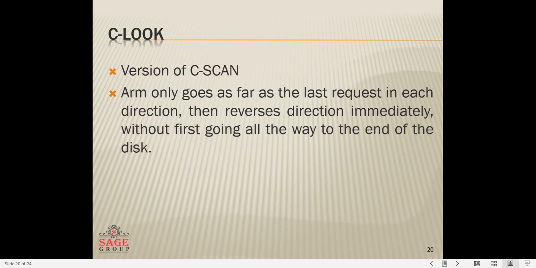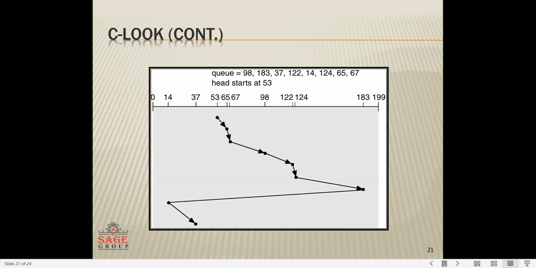The next algorithm is called C-LOOK. It is also a version of C-SCAN where the arm only goes as far as the last request in each direction, then reverses the direction immediately without first going all the way to the end of the disk. See, the direction is the same here, towards the highest number. So we start from 53 and go towards the highest number, serving all the requests till 183, and then we immediately reverse the direction before going to the end of the disk.